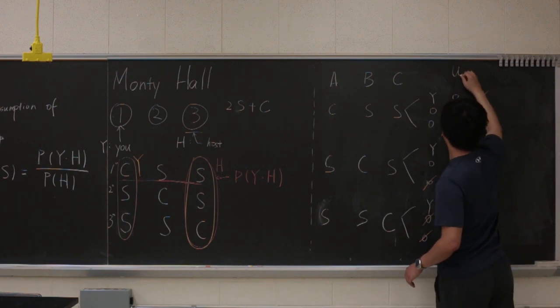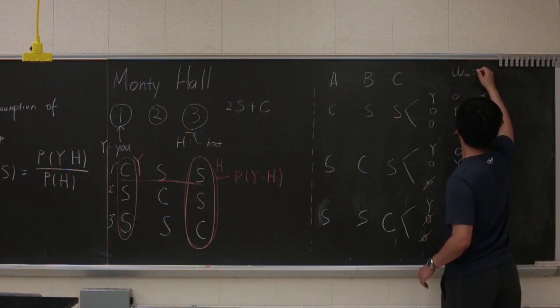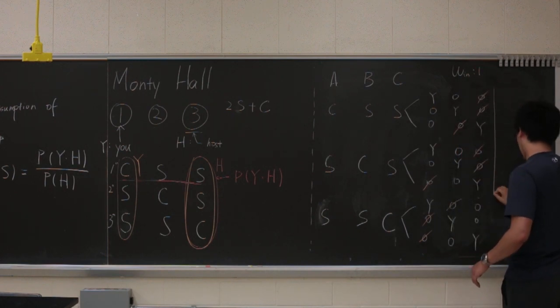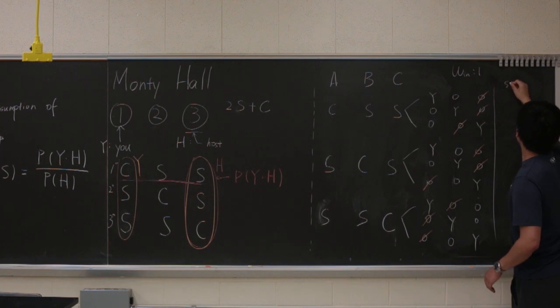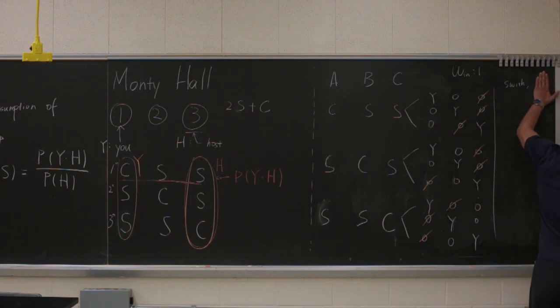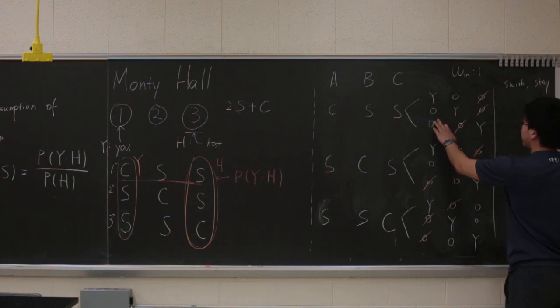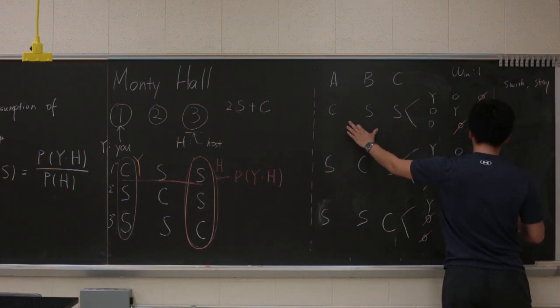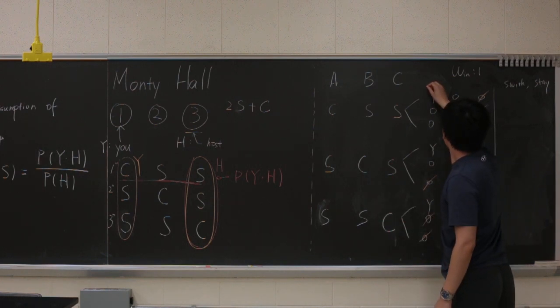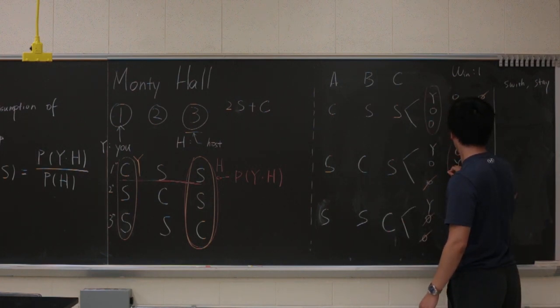If we define winning as 1, then let's look at switch and non-switch, or just stay. So it's on A here.